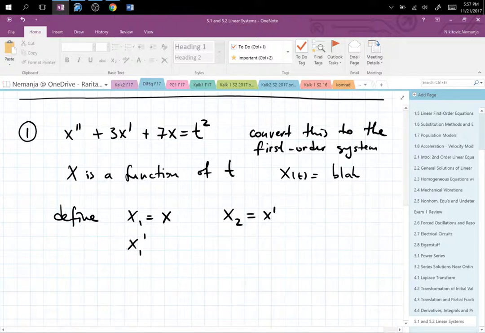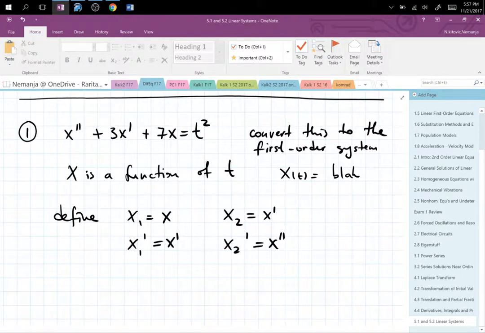So x1 prime is x prime, and x2 prime is x double prime. Do we all see that? So all I did is I differentiated. I made a definition up there. You can say define, you can say let, whatever. And then you differentiate them.